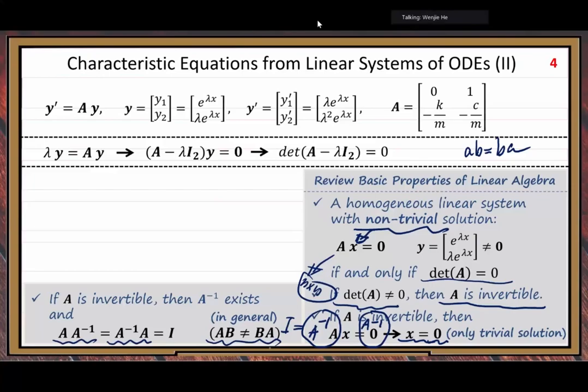Here I emphasize that, because in general it's not commutative. So here these two matrices commute, and that's why we write it explicitly. They both equal the identity matrix.